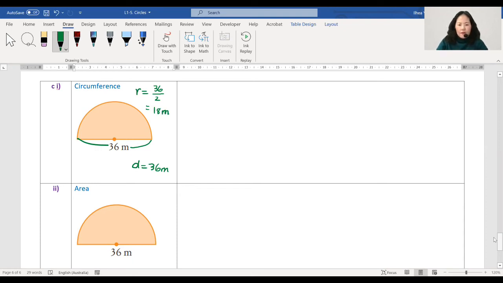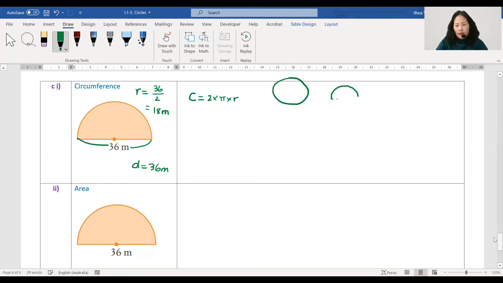So circumference was 2 pi r. If I were to use 2 pi r, this formula will give me the full distance of the full circle, wouldn't it? But I don't need a full circle. I need only half of it.